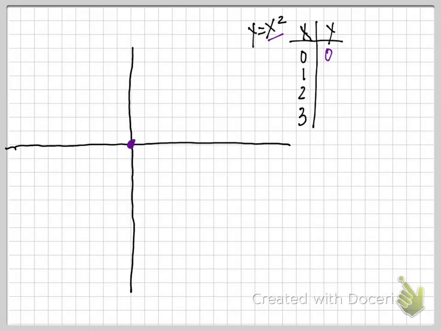If x equals 1, 1 squared is 1, so I'm going to put a point at 1, 1. If x equals 2, then 2 squared is 4, so I'm going to put a point at 2, 4. And when x equals 3, 3 squared is 9, so I'm going to put a point at 3, 9, which would be up here at 3, 9.